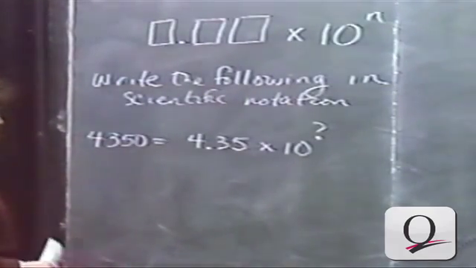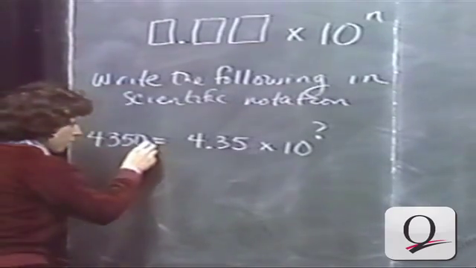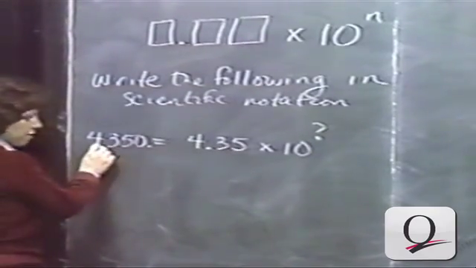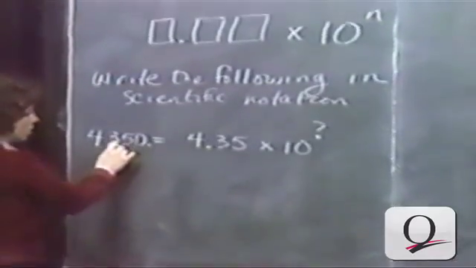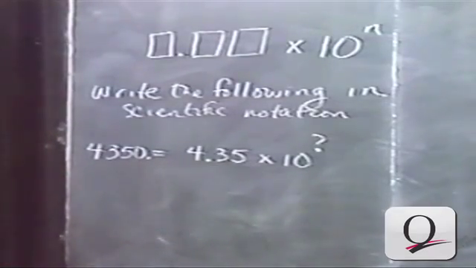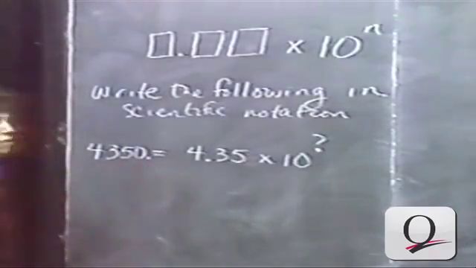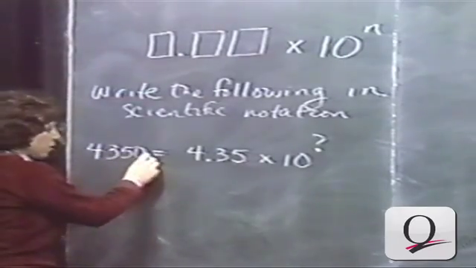Now you say to yourself, this is the number we want, which is 4350 point. The decimal, of course, is to the right of the number there. Now, if we start with 4.35, to get the number that we have here originally, 4,350, you'd have to move the decimal once, twice, three times to the right.